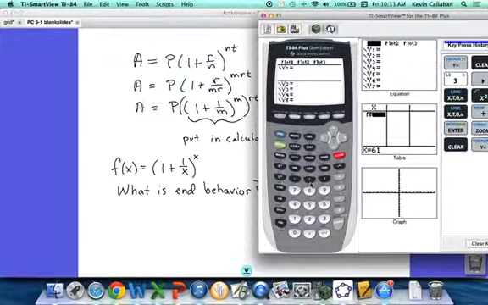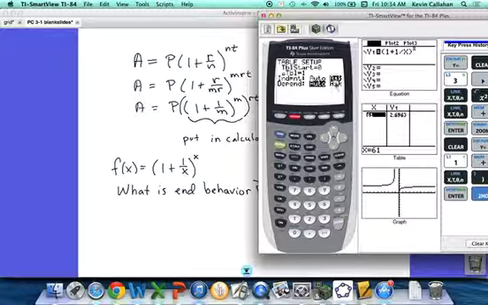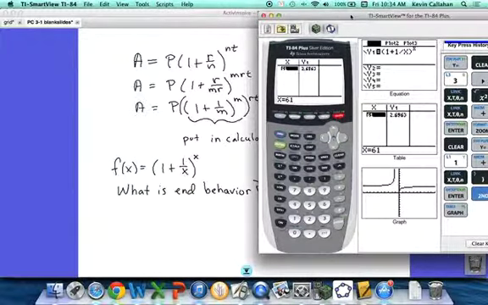So 1 plus 1 divided by x, in parentheses, raised to the x. Does that look right? Yep. And on my calculator, I'm going to set my table set to ask. Now I'm going to go to my table.